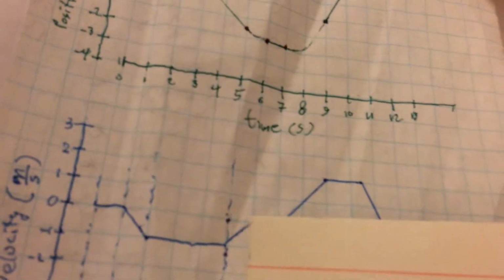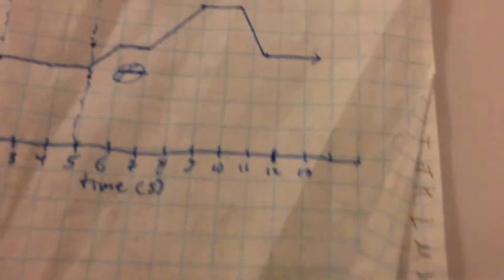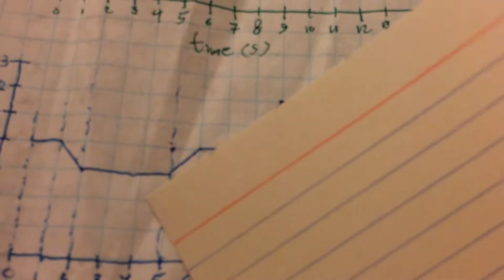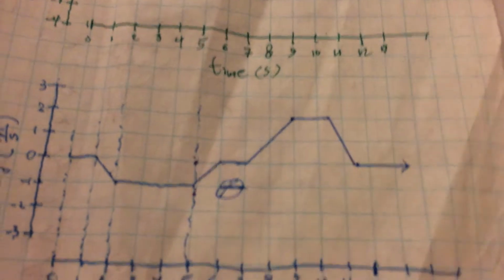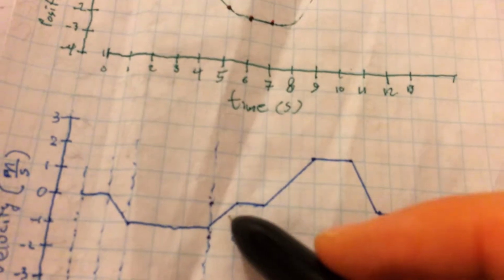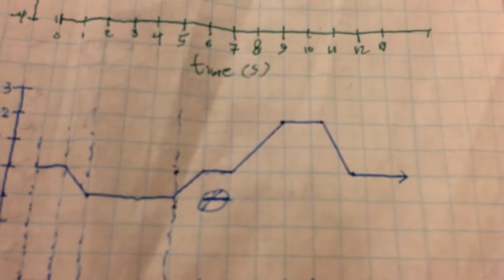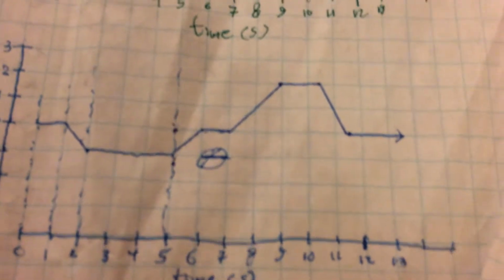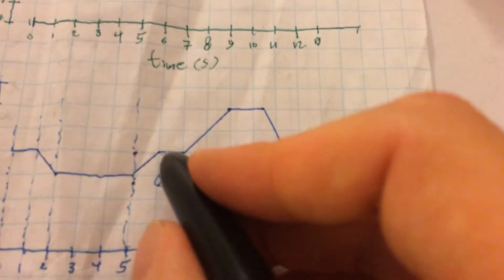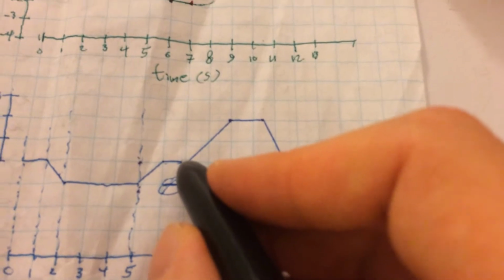So I'll just finish up the next several intervals. From here to here there's a rise of +1 meters per second, and then from there to there a rise of 0, so no change in velocity.